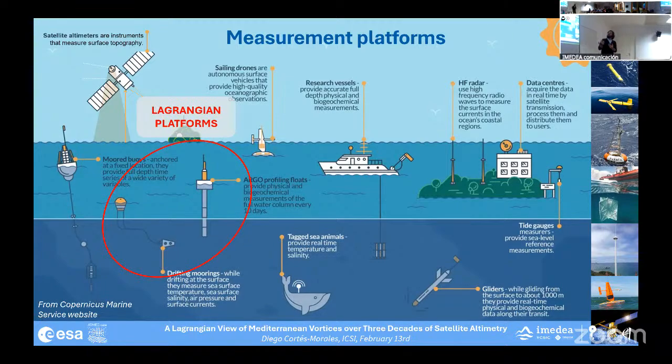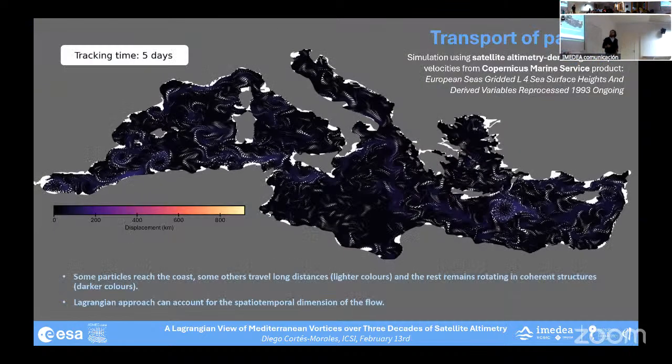But the good thing about satellite data is that we can reconstruct an almost continuous aggregate field of variables that will allow us to reconstruct virtual trajectories, and that will help us to develop these Lagrangian metrics and Lagrangian variables.